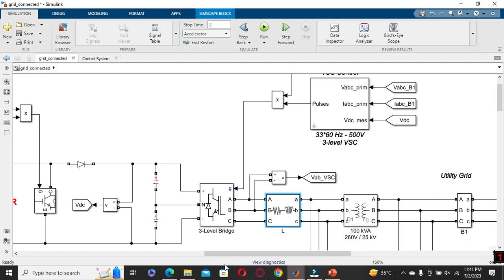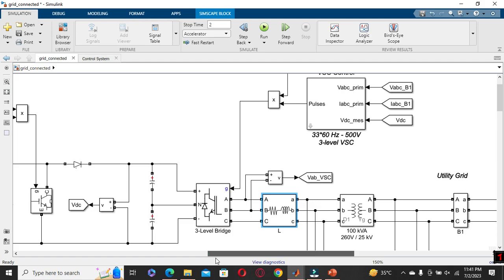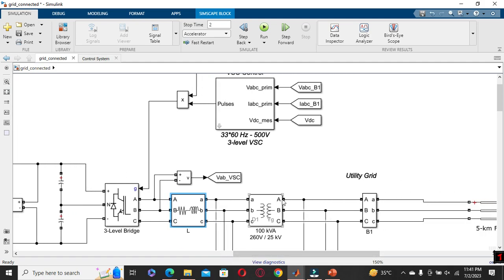If you are familiar with transmission line parameters, there are the capacitance, inductance and resistance of the transmission line, and also the types of transmission line: short, medium and long transmission line, and also the pi network and T network. These are all the parameters which are included in the transmission line. So you need to go for the theoretical part if you need details about that.